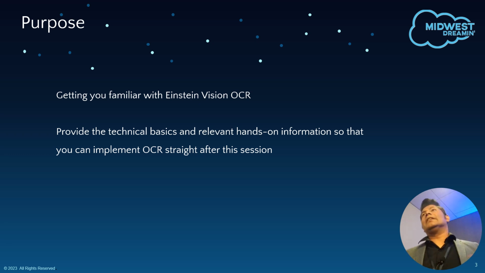Or if you have been in the Salesforce world but haven't utilized Einstein, this might be an opportunity to get a better understanding of it. And secondly, I wanted to make it much more geared towards technical implementation. Whatever I'm going to cover today will be very handy for the people who are going to do the implementation. One takeaway that I want from this session is that once you get through this presentation, you have this particular deck, you'll be able to implement Einstein Vision, particularly the OCR, for your organization.